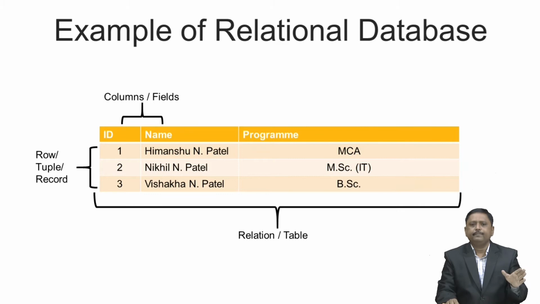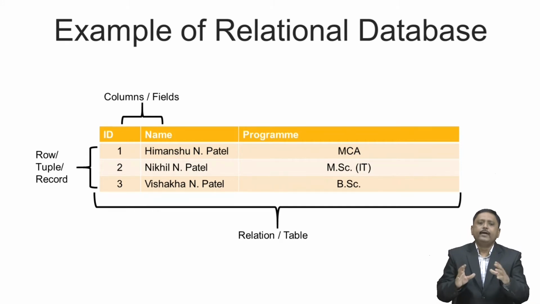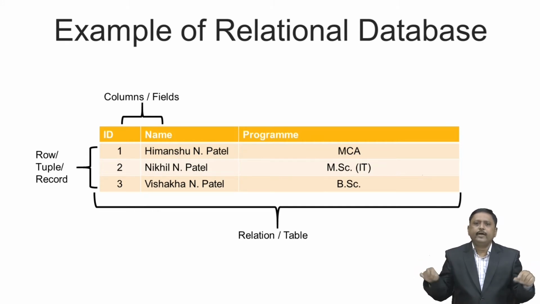First is ID, another is name and third one is program in which student is enrolled. So ID, name and programs are called columns or fields, and every student information is stored as a row, tuple or single record. So single record refers to one student data.